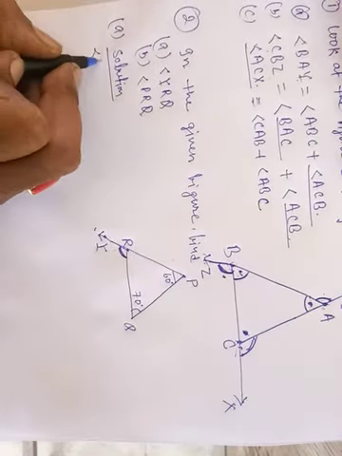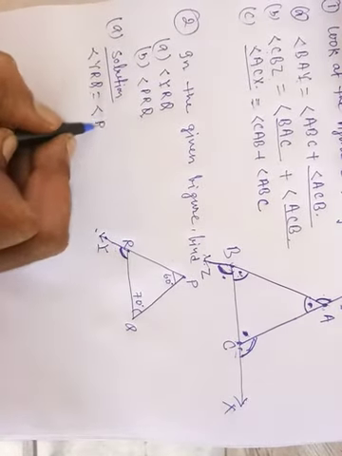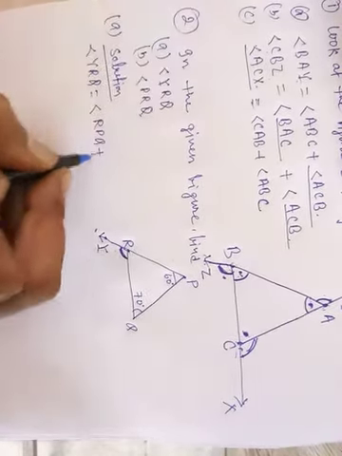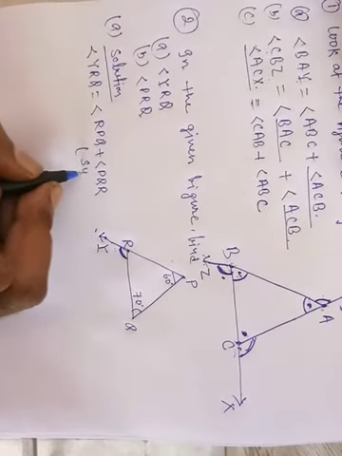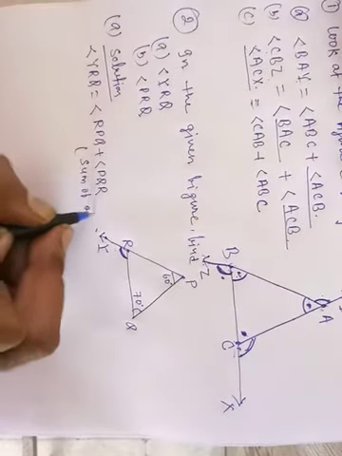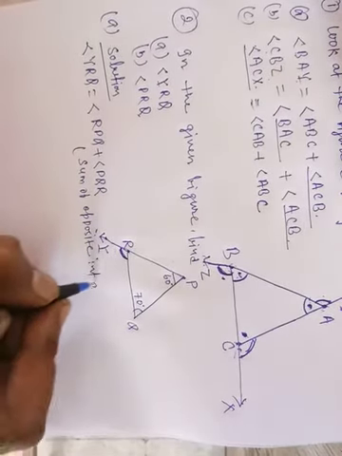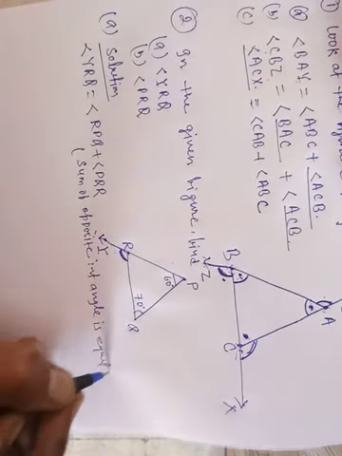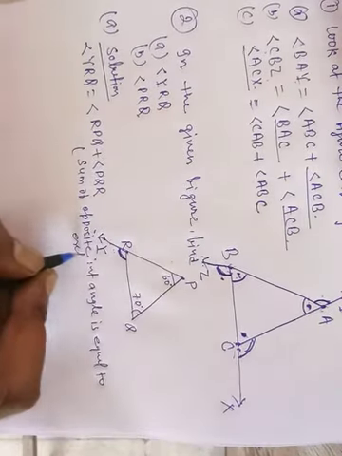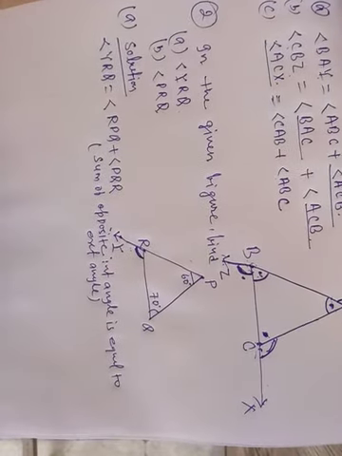So we write angle YRQ is equal to angle RPQ plus angle PQR. By which property? Sum of opposite interior angles is equal to the exterior angle.